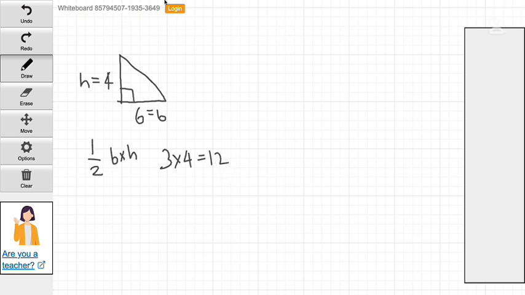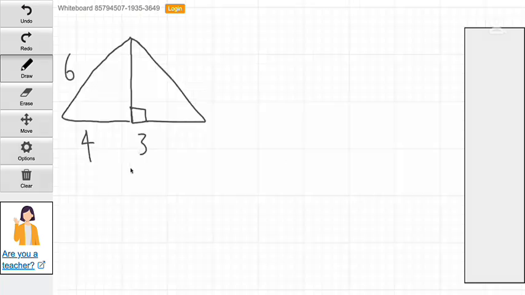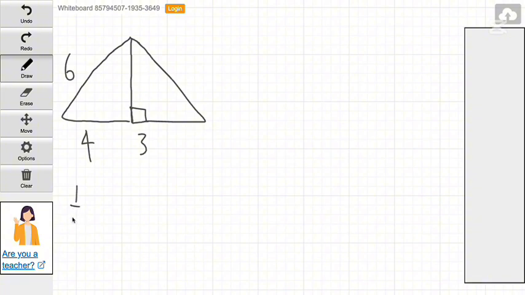And there you have it. Alright, so when we have something in this format, it's still the same formula, but instead, we add these two together to get a 7. So the base is equal to 7, and the height is still the height. So we go, what's half of 7?